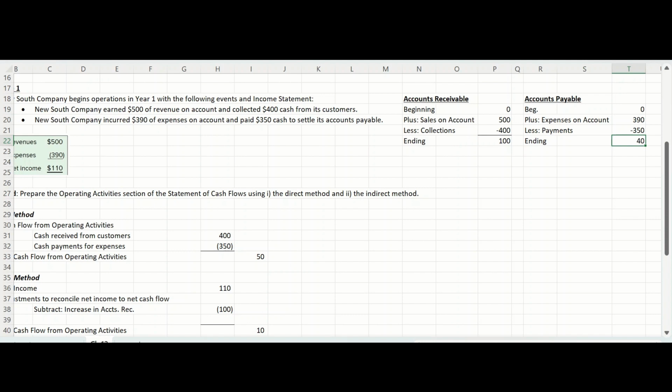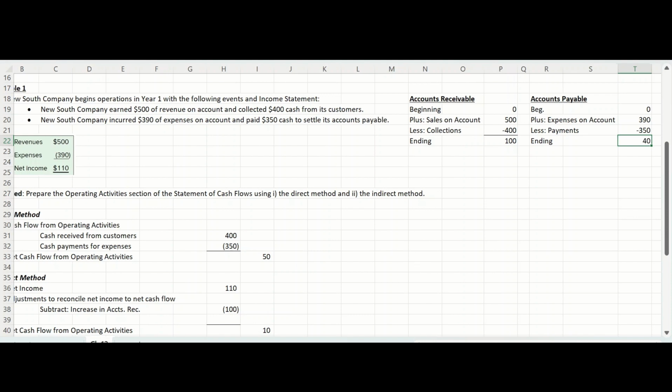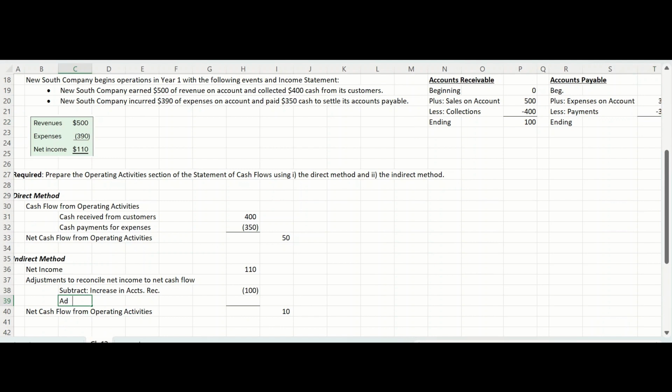And we know that accounts payable is a current liability. And current liabilities have a direct relationship with cash flow. So an increase is added to net income to get to cash flows from operating activities.